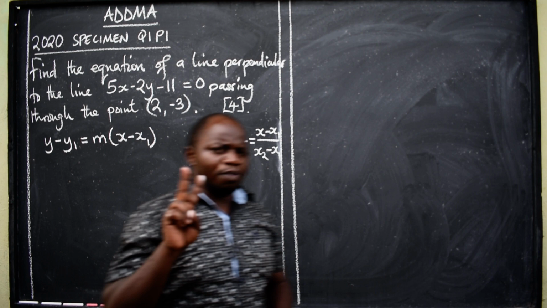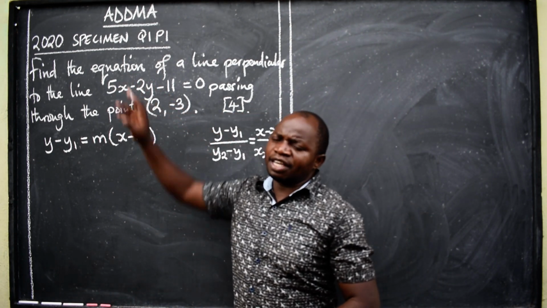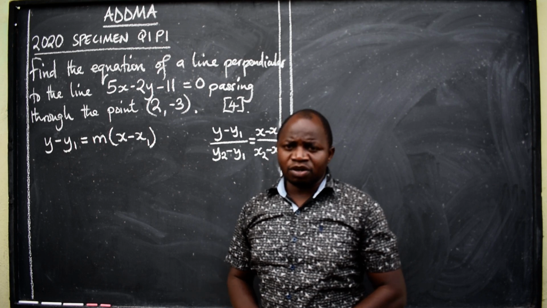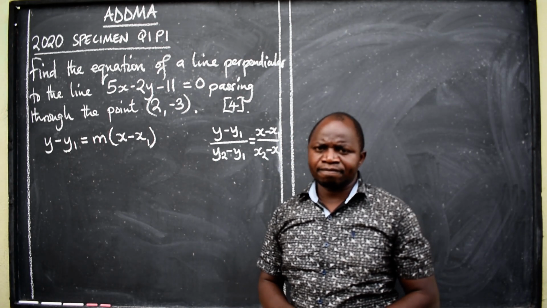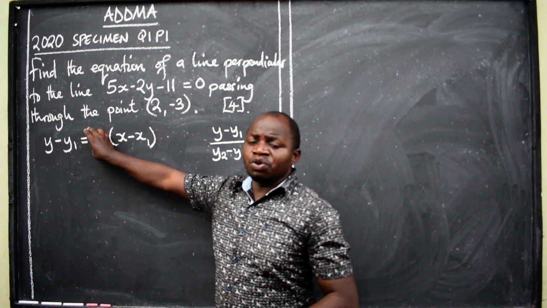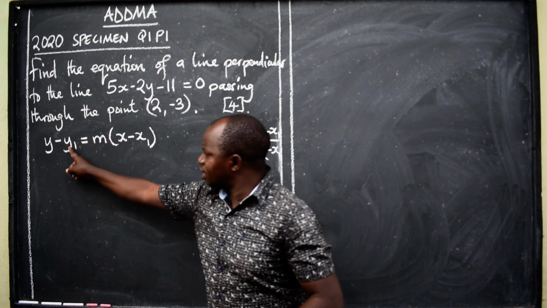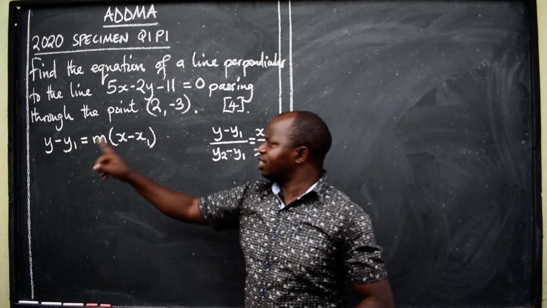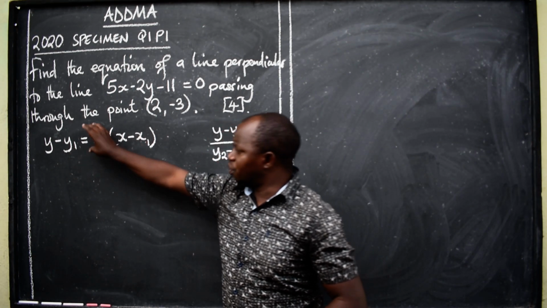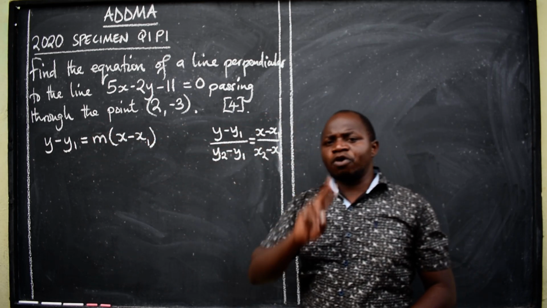There are only two formulae that should come into your mind whenever you are asked to find the equation of a straight line. Now, which one will be used? This one, you use it when you are given one point and gradient. For this one is when you are given 2 points.